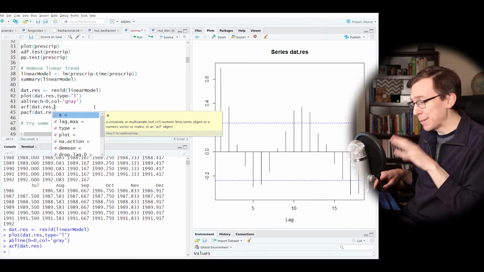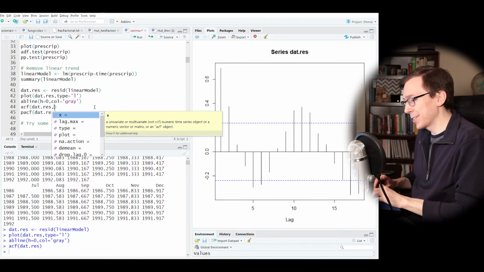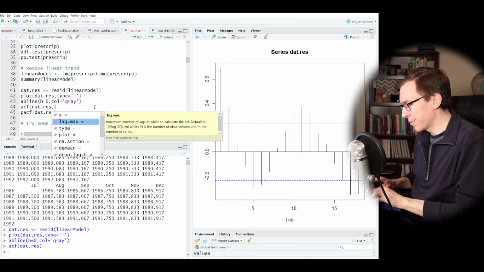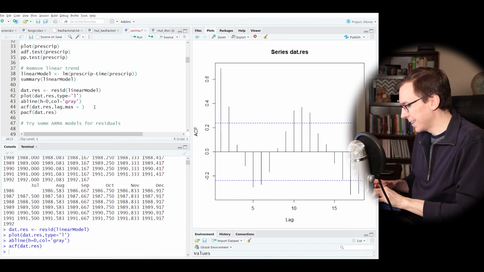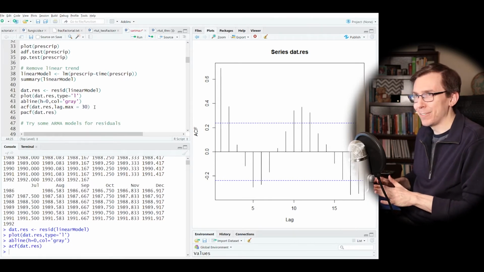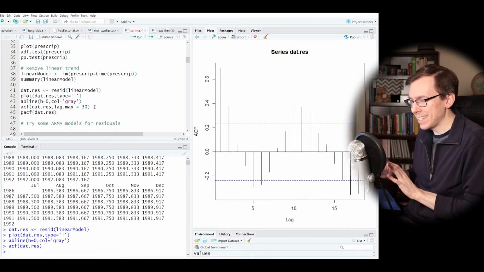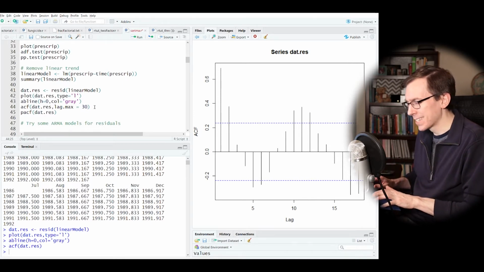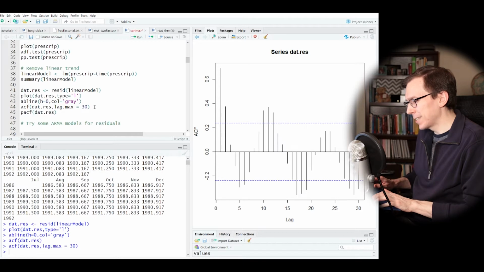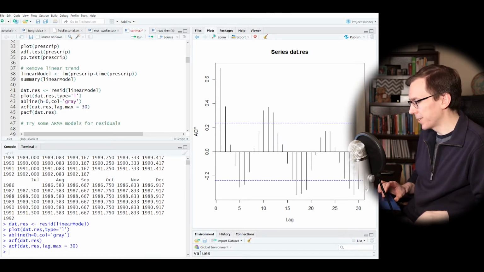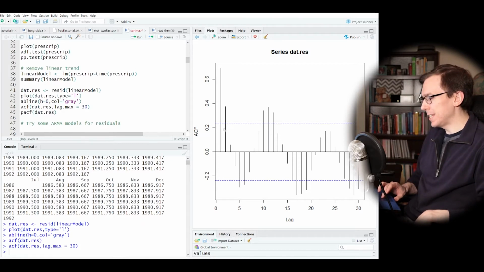Not necessarily, but that's usually what you see. I think if we really wanted to, we could take the lag to something like 30. Now the data size itself is only like 68, 70 data points, so it's not really great to go this far out because you're getting much worse estimates at lag 30 than you would at a lag of 5. But we still do see this nice periodic fluctuation.